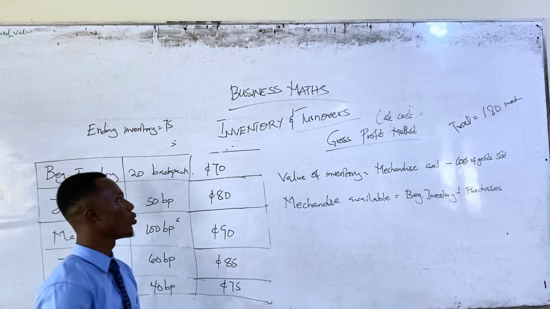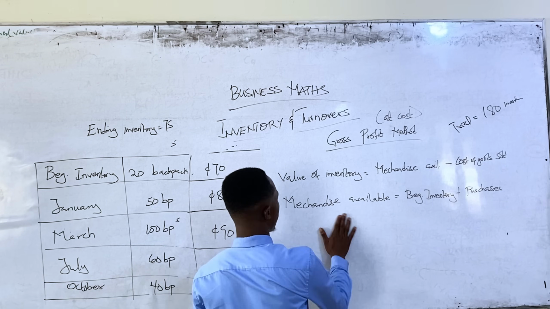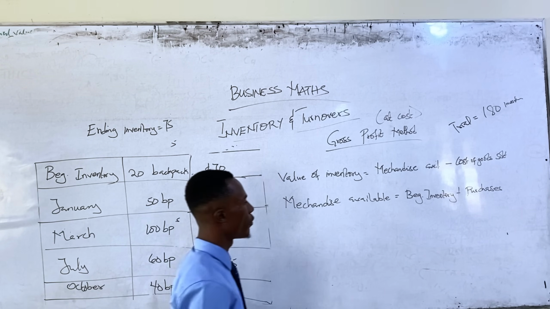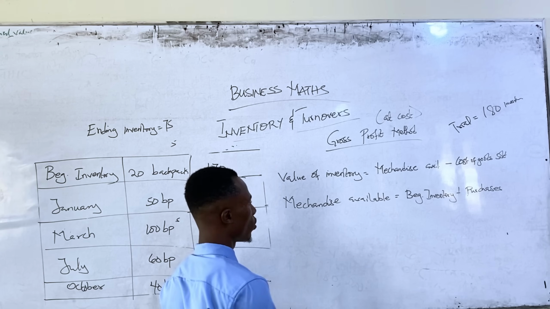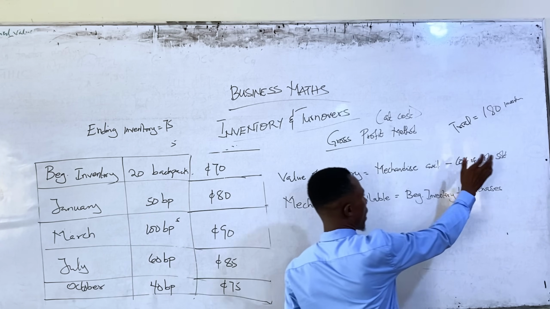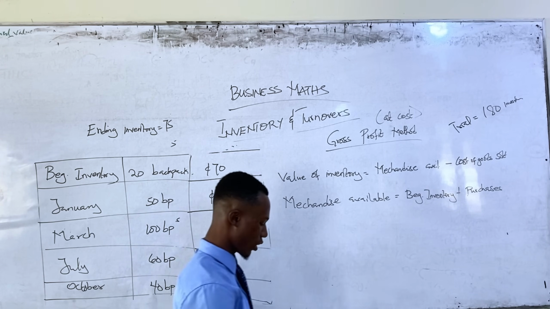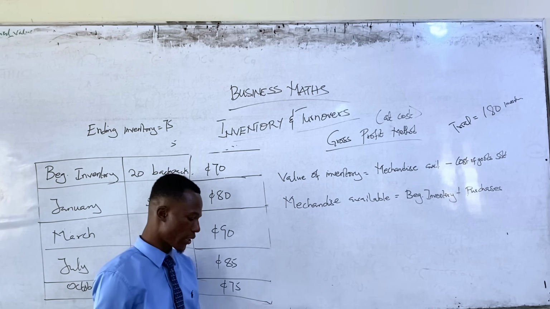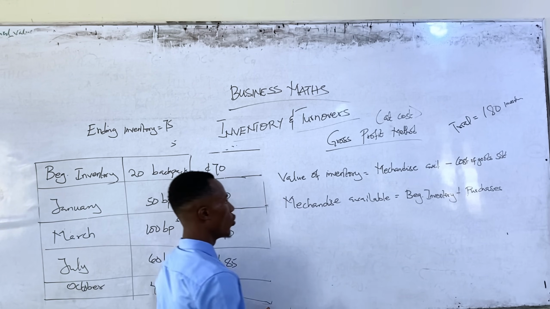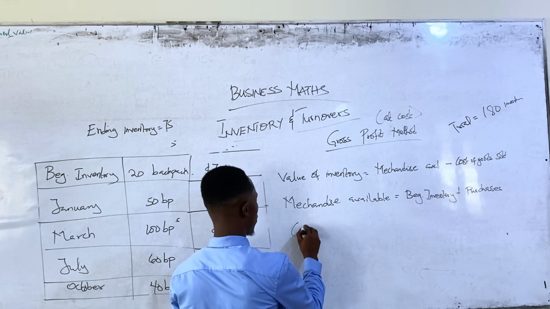All right. So now we know the formula for merchandise available for sale. And this cost of goods sold, sometimes it will be given, sometimes it might not be given. That one too, we should prepare and know how to calculate.